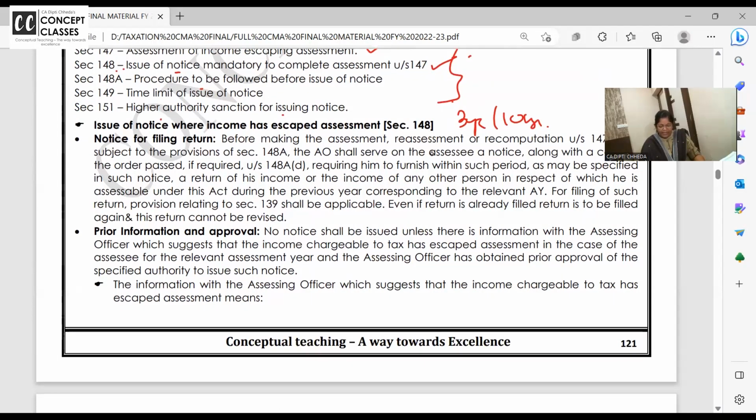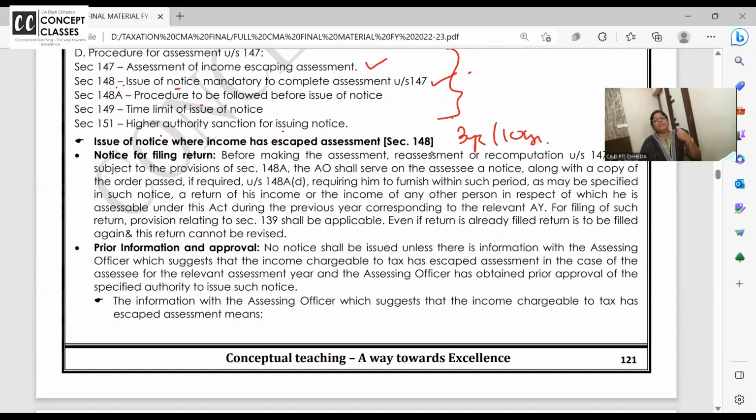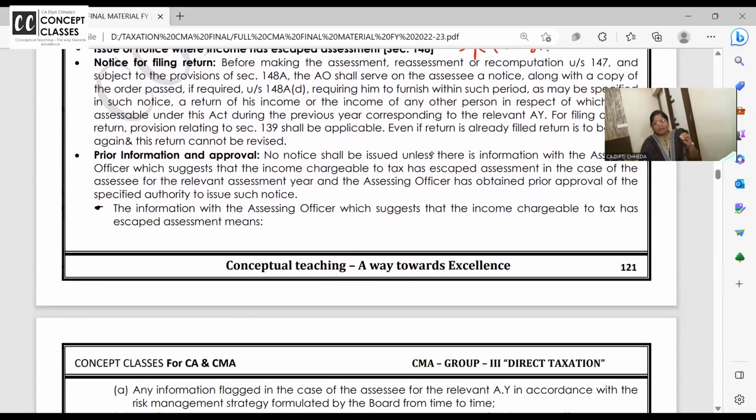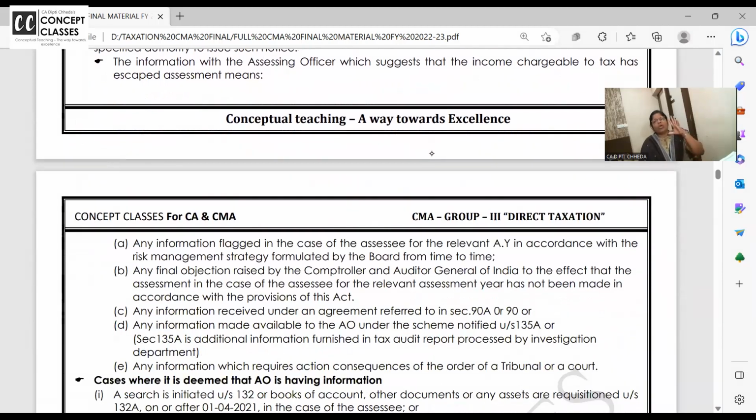Whenever income escaping assessment is open, let me tell you, the raid case and the survey case also, the assessment is done here. So whenever you assess an income under 147, surely the SSE has some income which he has hidden. This is a theory question and there are a lot of chances of getting this in the exam. Mark it, very important. And in the last class, I gave you time to write.